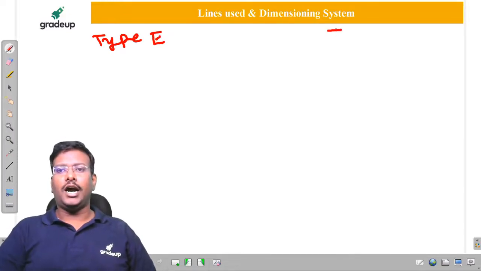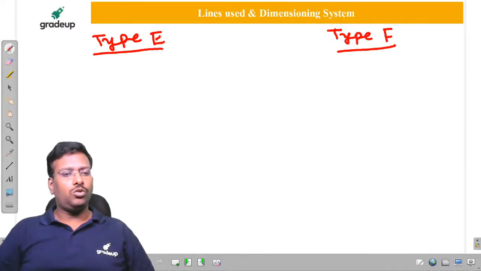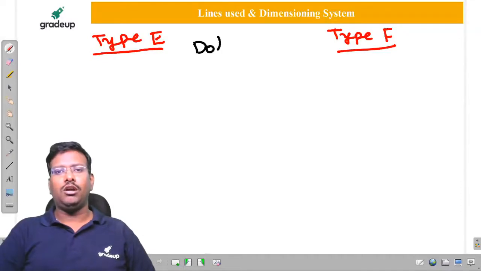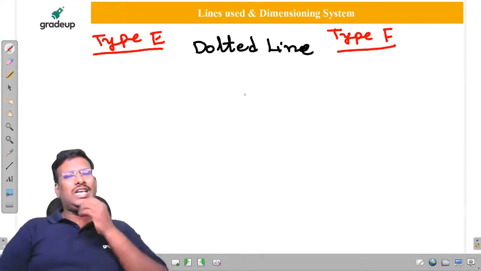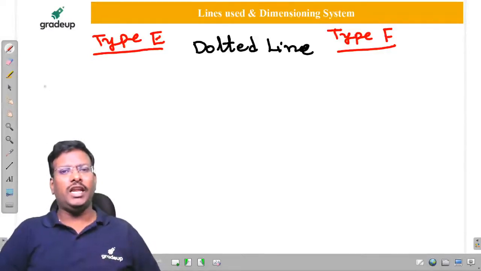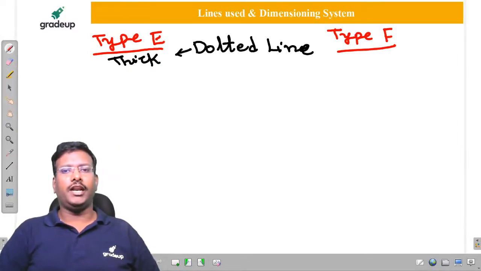Now, next one is type E and type F. So what are these two, sir? These two names will be the same. This is called dotted line. Sir, what is the difference between these two? One is thick dotted line. This is thick dotted line.